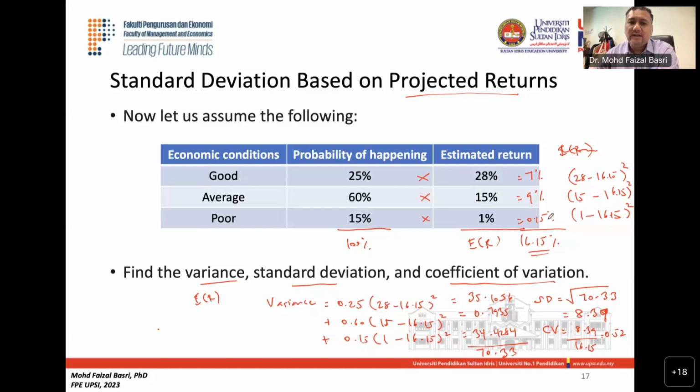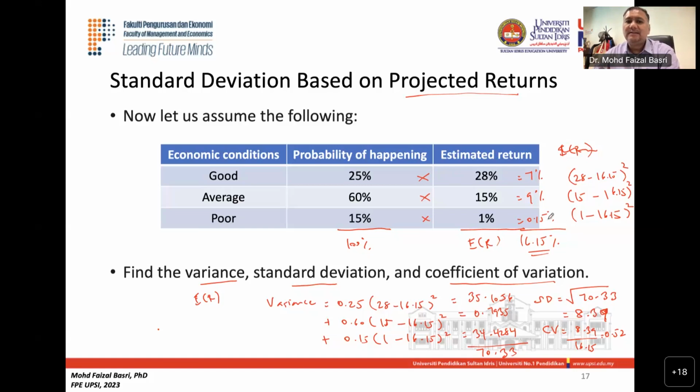And these three, variance, standard deviation, coefficient of variation, we can measure according to two sets of information. Either we have a full set, if we have full information about historical returns, we can use the average returns, and we measure all three. And if you don't have, we have to project or estimate based on the projection returns.